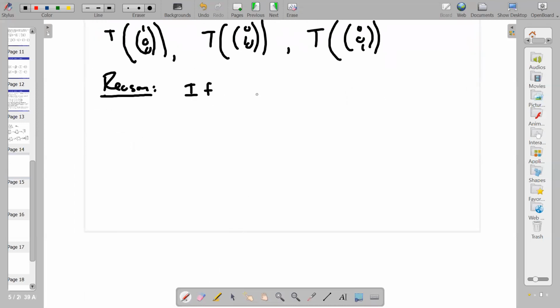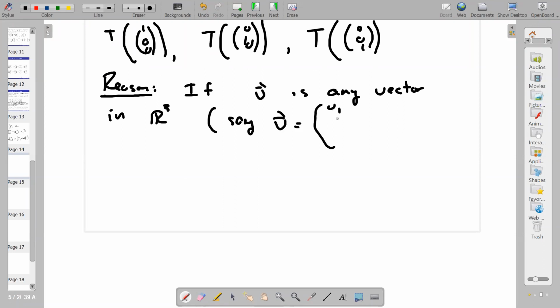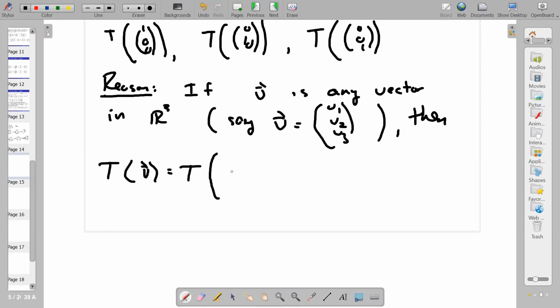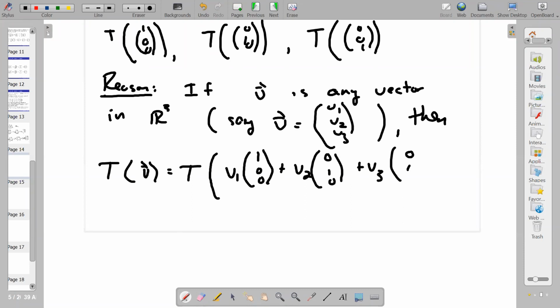If V is any vector in R3, say, we represent V with a column that looks something like this, then T of V, the vector V, is the same as T of V1 times 1, 0, 0, plus V2 times 0, 1, 0, plus V3 times 0, 0, 1.